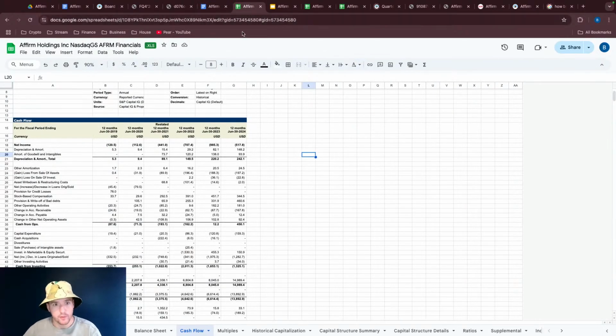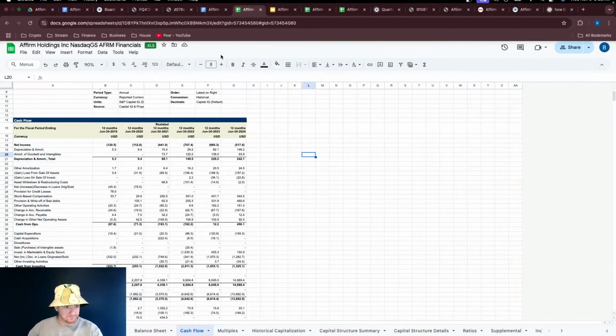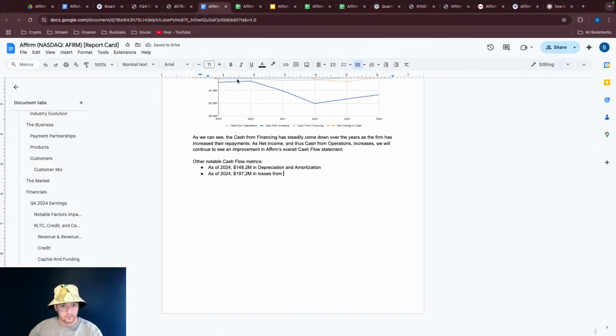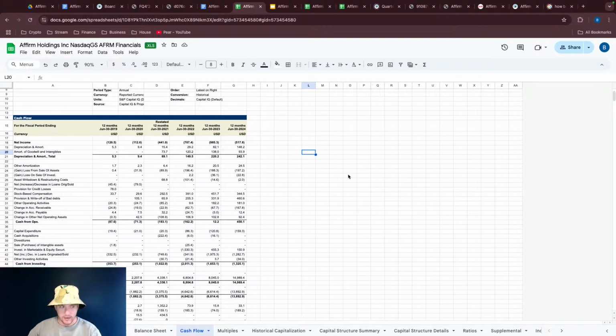This was a substantial amount. 197, almost 200 million. 197.2 million in losses from sale of assets. That also could have been them selling Returnly or whatever that company was that they got from Canada. They could have. I don't think they just turned it down. I think they sold it off for parts.